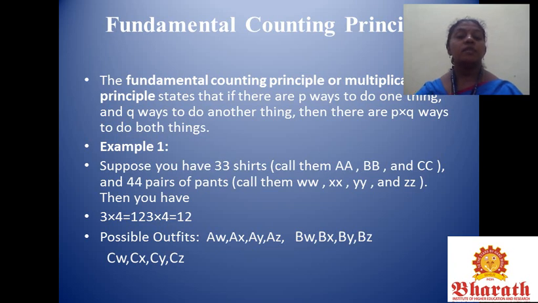For example, suppose you have 3 shirts, call them A, B and C, and 4 pairs of pants, call them W, X, Y and Z. Then you have 3 into 4 equal to 12 possible ways. So the possible outfits are AW, AX, AY, AZ, BW, BX, BY, BZ, CW, CX, CY, CZ.